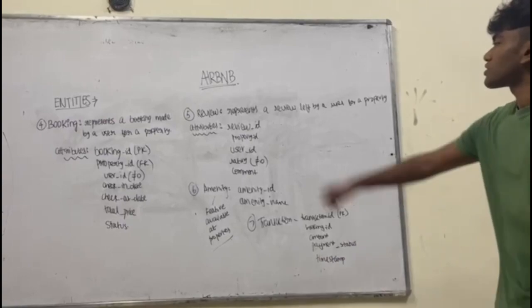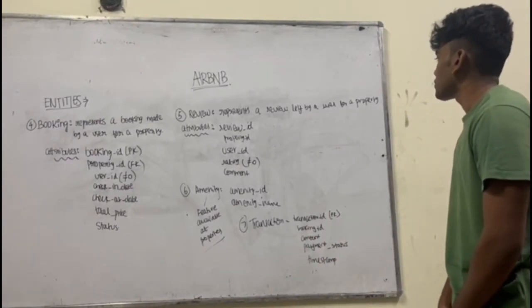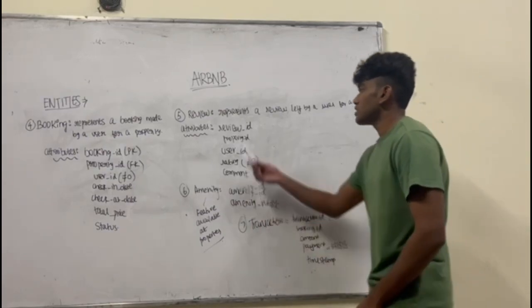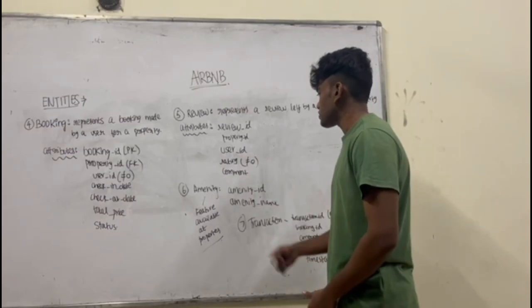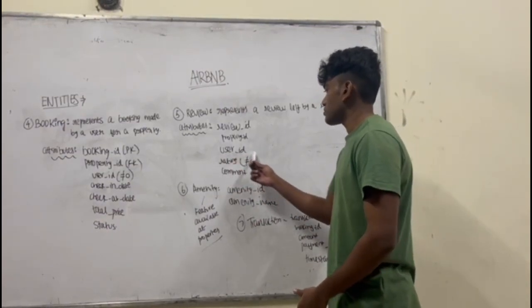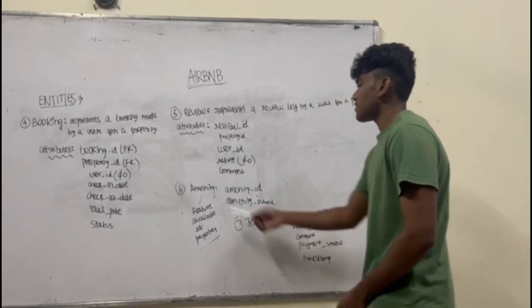So coming to review, it represents a review left by a user for a property. The attributes are review ID, property ID, user ID, rating, and comment. And rating should be not null. And then we have amenities.